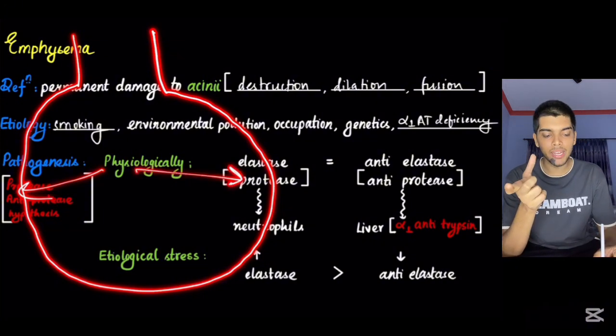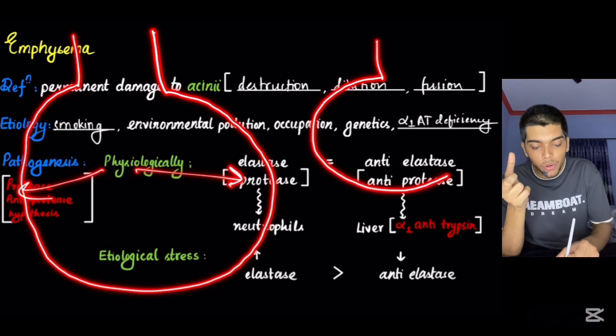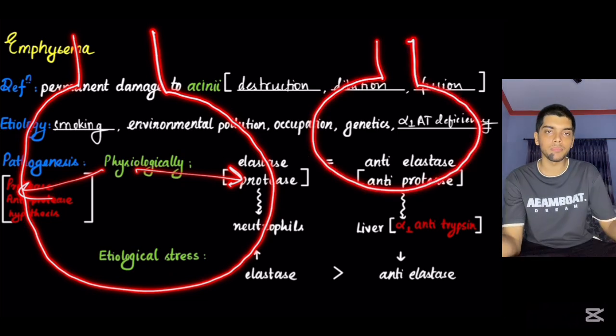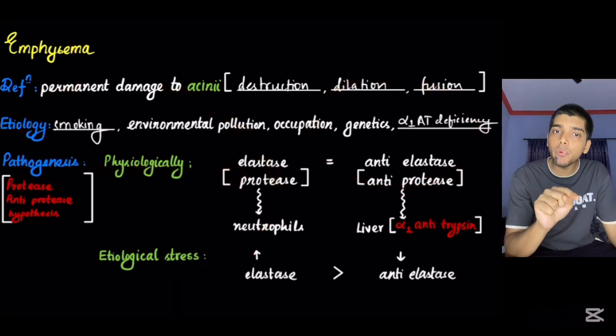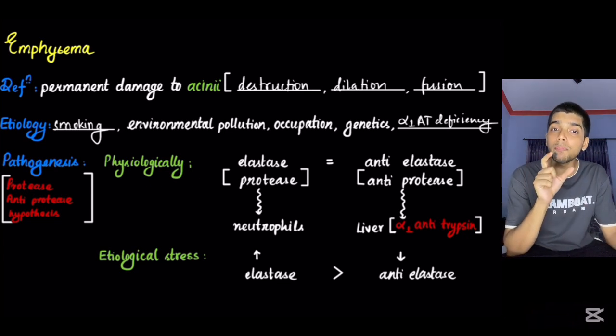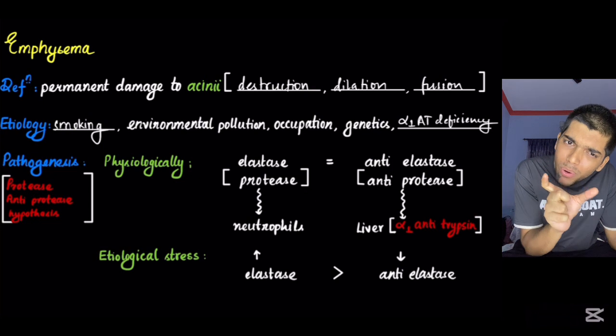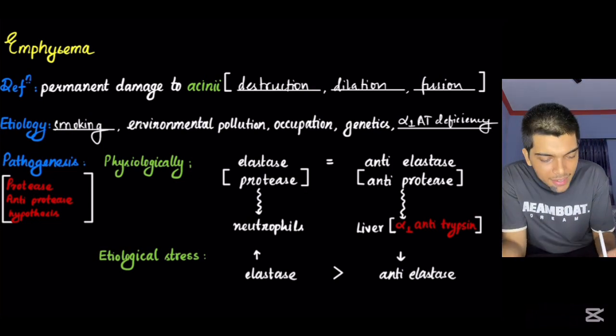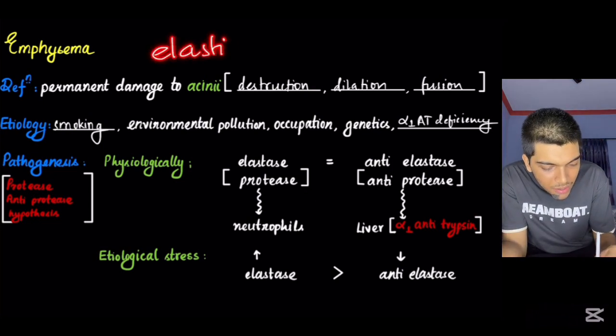After maximum stretch, it recoils back to its original configuration. Now, this elastic property, like that of a rubber band, is present in alveoli due to the presence of a specific protein fiber, and that is elastic fiber.